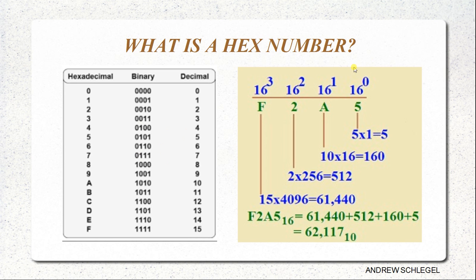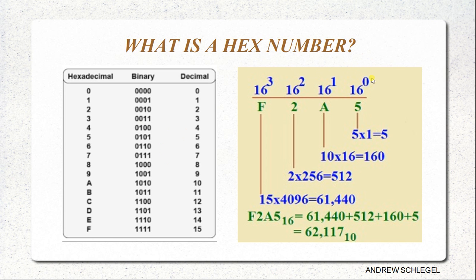So let's look at the hexadecimal number then. Just like in decimal, this is your 1's place, this is your 10's place, then 10 times 10, this is your 100's place, 100 times 10, this is your 1,000's place. Each time you go to the left, you go up 10. That's why it's called decimal. Well, here, each time you go to the left, it goes up 16.